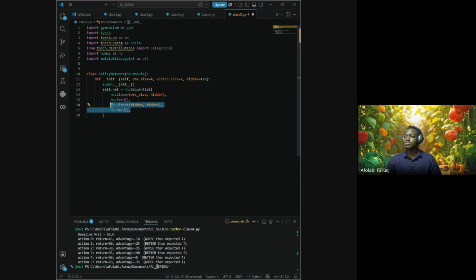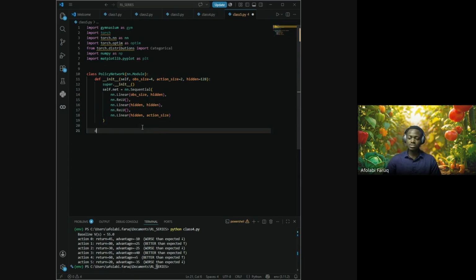For the third layer as well, hidden is the output of the second layer, so hidden will be the input of the third layer. Here I might have action size being the output.